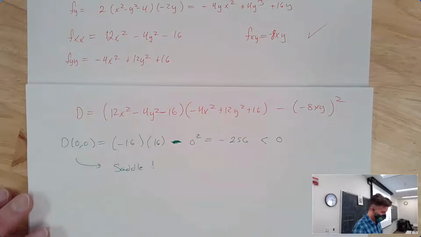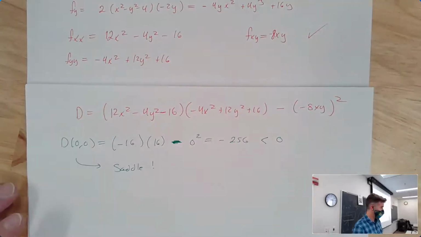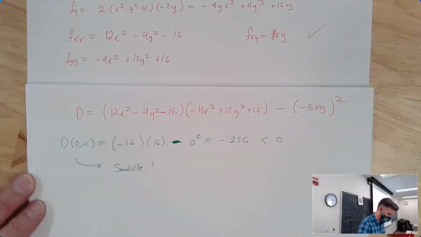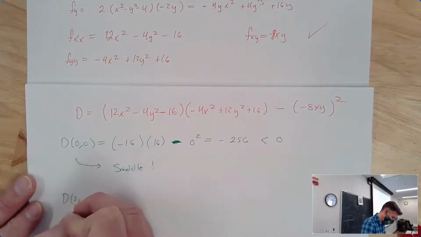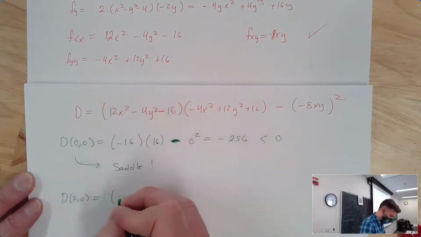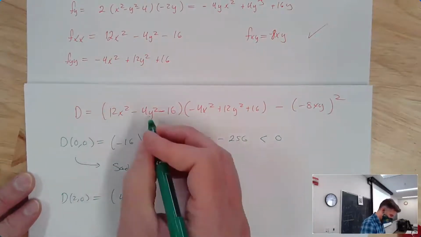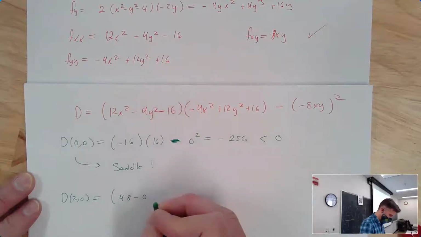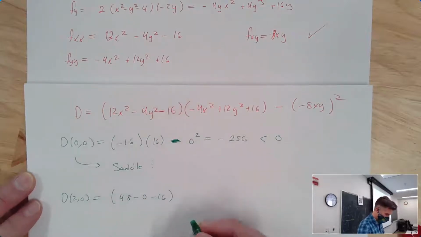All right. So now we could try plugging in 2, 0 and negative 2, 0, which is kind of repeating the work, but let's just do it for one of them so we can see what's going to happen. When you plug in 2, 0, I'm going to have 12 times 4, which is 48, minus 4 times 0, minus 16. I'm a little worried, but we'll see.